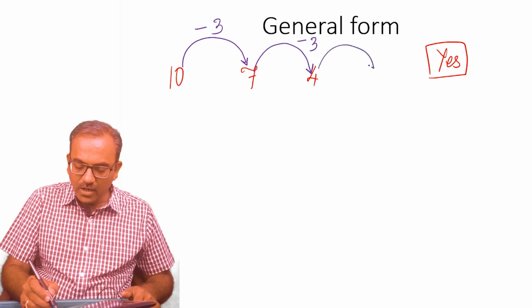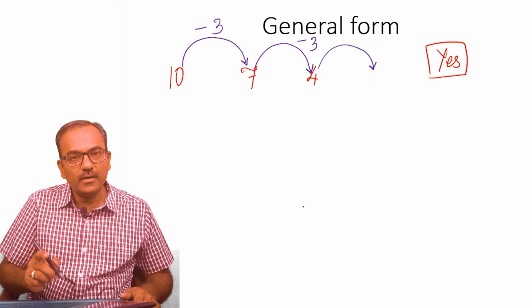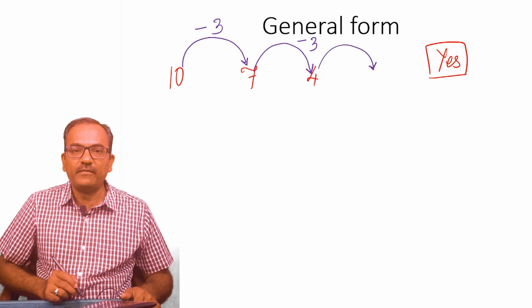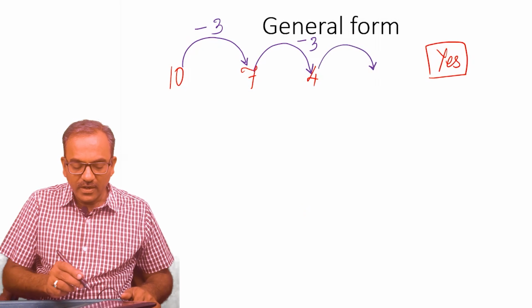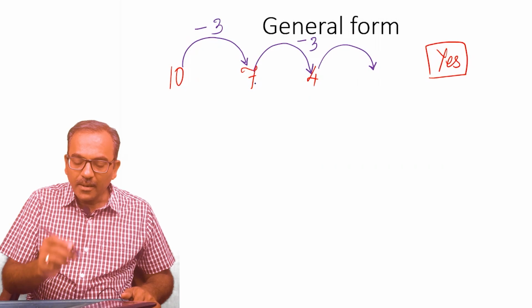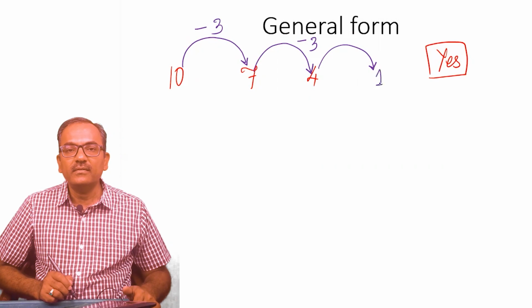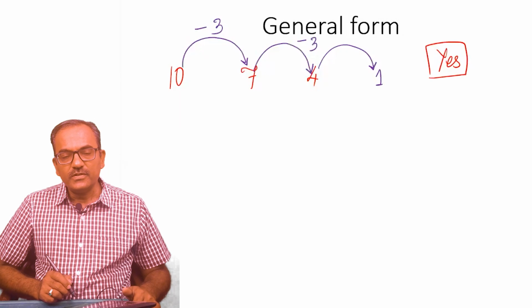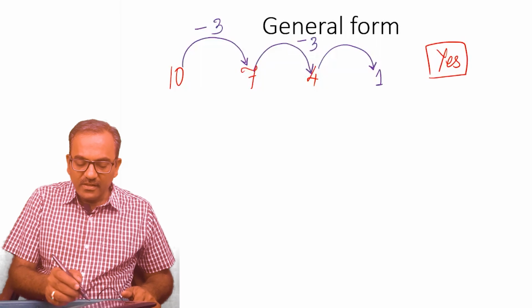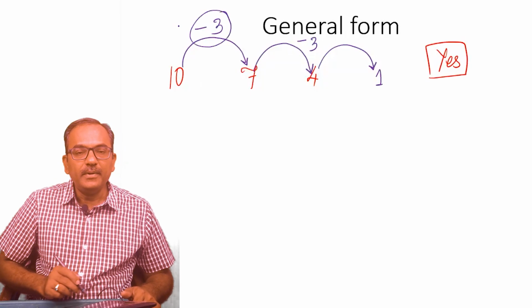If you want to move to the next term of this sequence, then I should end up with 1, isn't it?